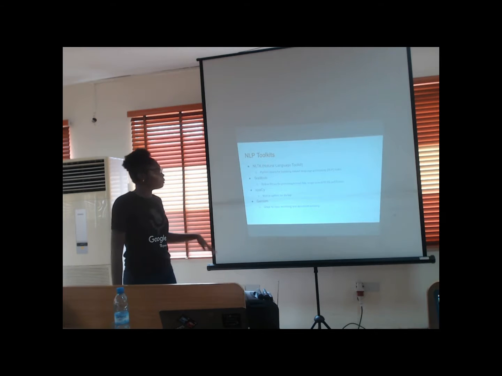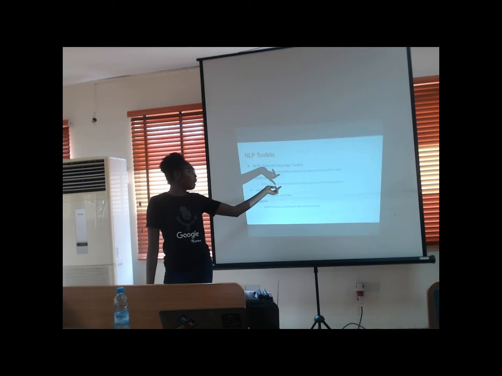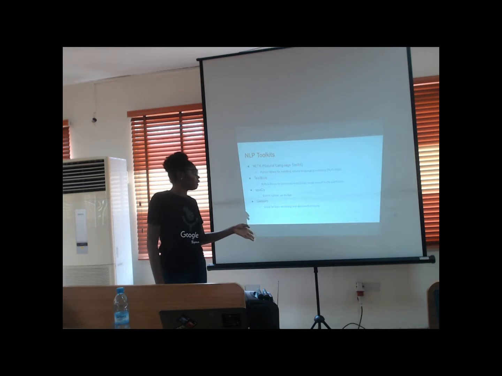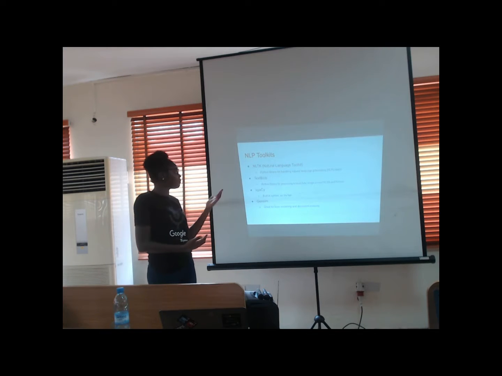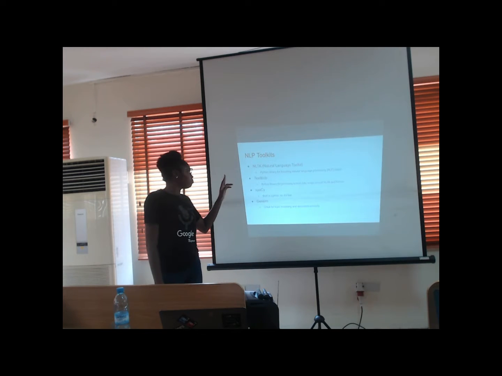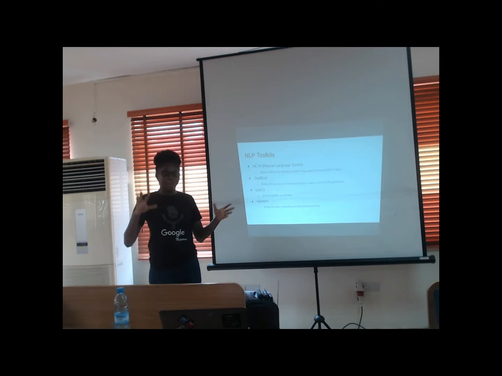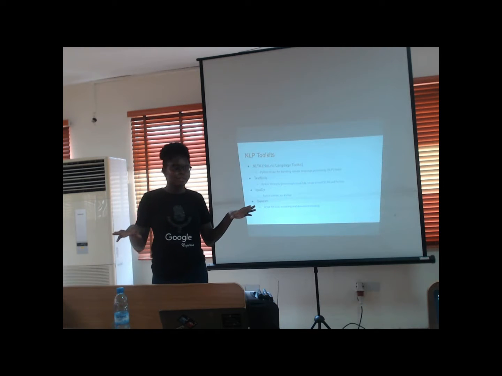I've not used TextBlob before, but it's also a Python library for processing textual data, and it wraps around NLTK and Pattern. Pattern is a library for NLP too. And there's spaCy. It's built in Python and it's faster, I think, than NLTK. And there's Gensim. It's good for topic modeling, document similarity, word similarity, and a bunch of other stuff. Are we clear on that?